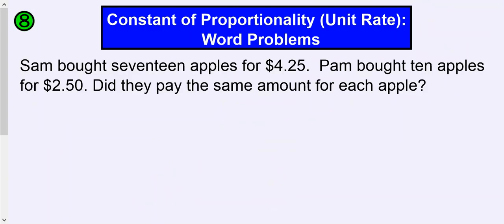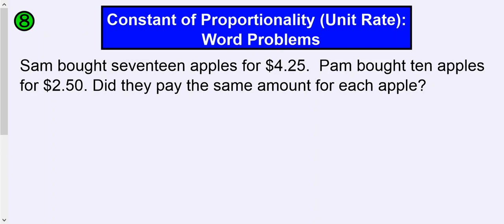Alright, last one here. Constant of proportionality with the unit rate and word problems. So we have Sam bought 17 apples for $4.25 and Pam bought 10 apples for $2.50. Did they pay the same amount for each apple? So we want to figure out how much one apple costs for each of these people.